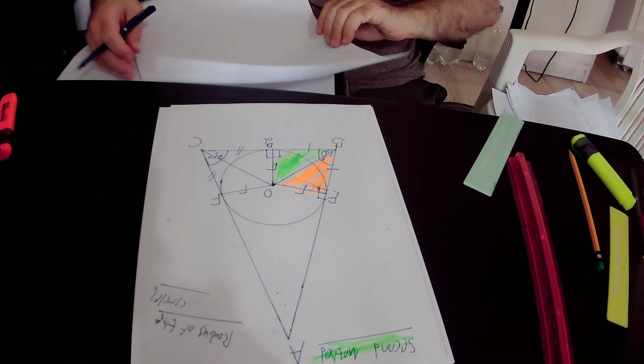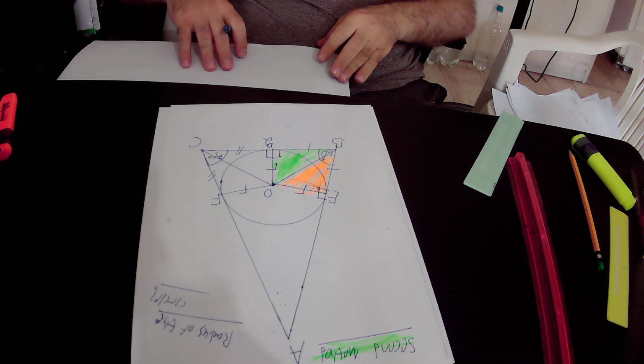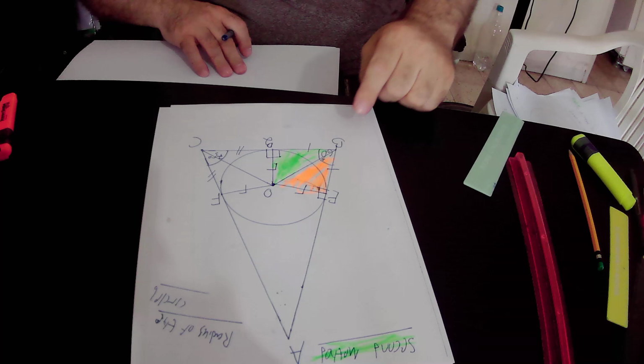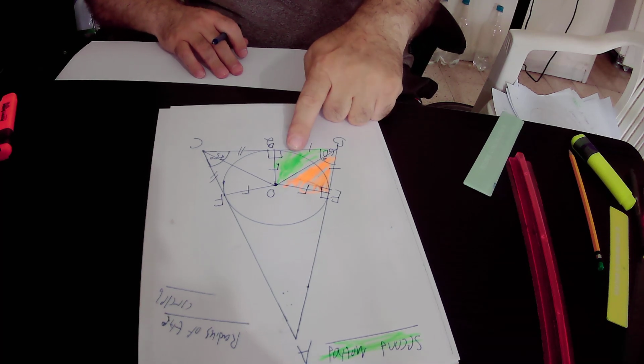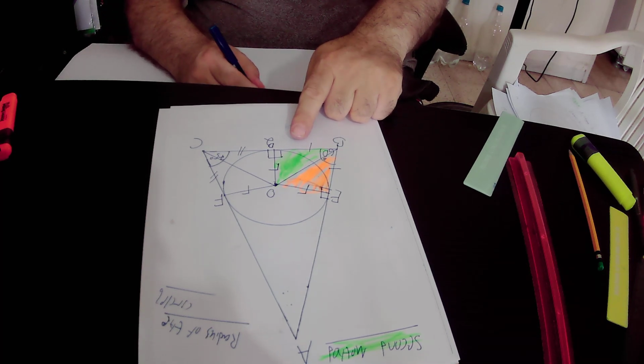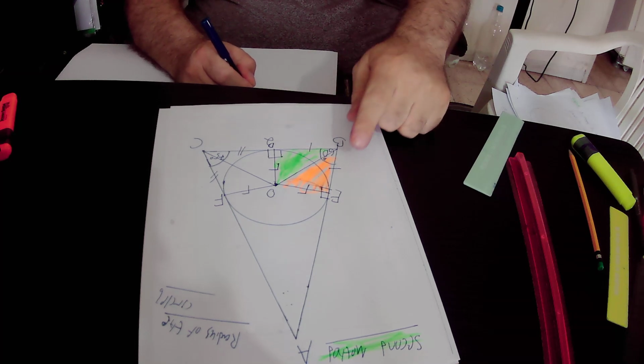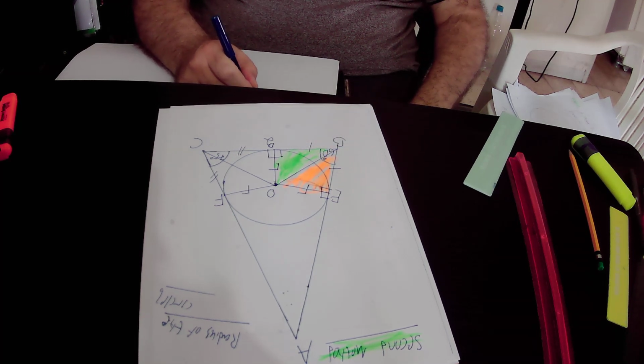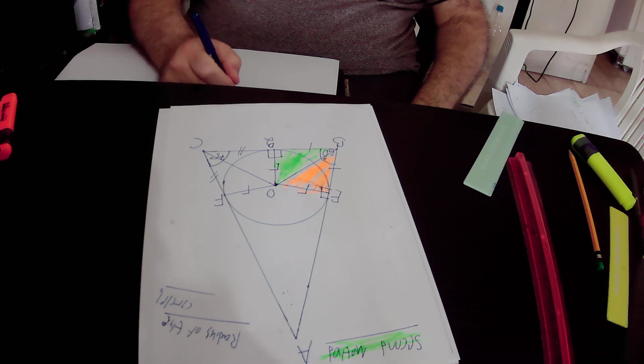In addition, side OD in the green triangle is equal to side EO in the orange triangle. They are both equal to R, therefore they are equal to each other.